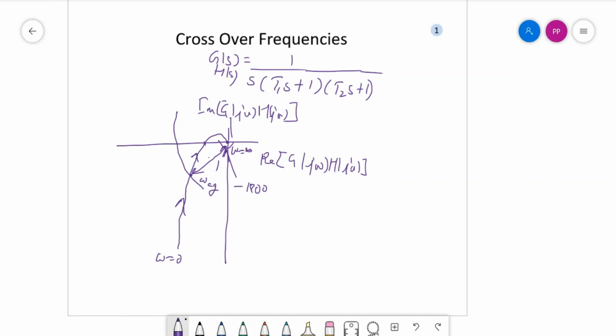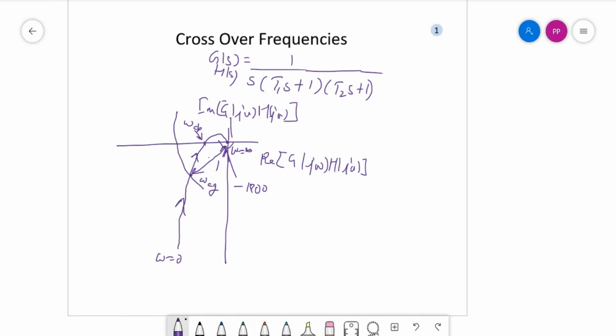So the frequency at this point is called omega crossover phase. So omega crossover phase is the phase crossover frequency for the polar plot. So these are the two frequencies where we find that the system has specific importance, that is the gain crossover frequency and phase crossover frequency.